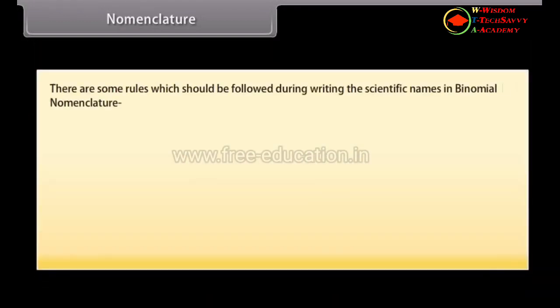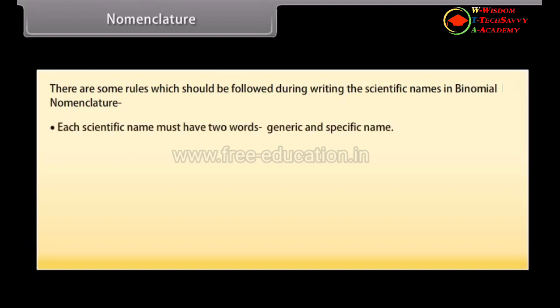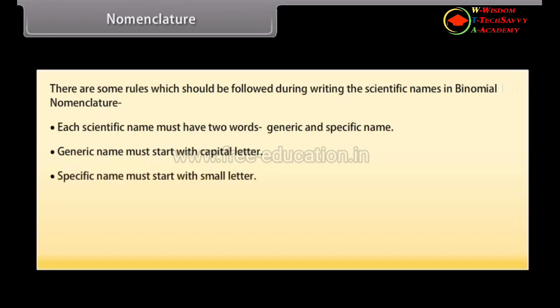There are some rules which should be followed while writing scientific names. Each scientific name must have two words, generic and specific name. Generic name must start with a capital letter. Specific name must start with a small letter.